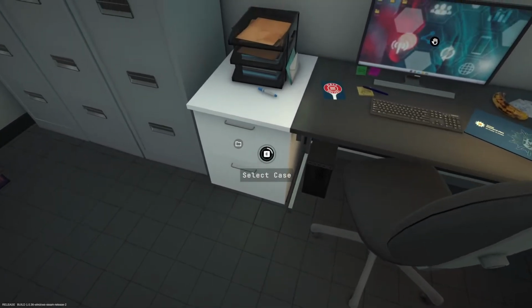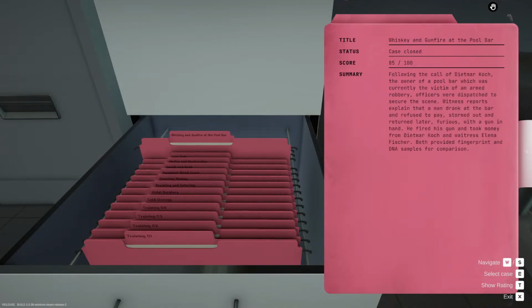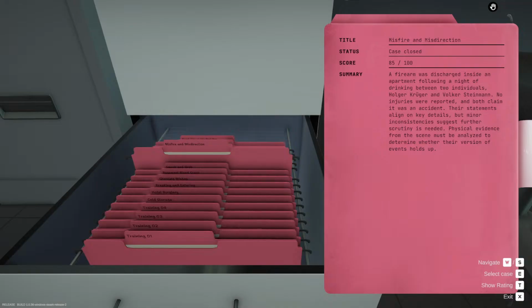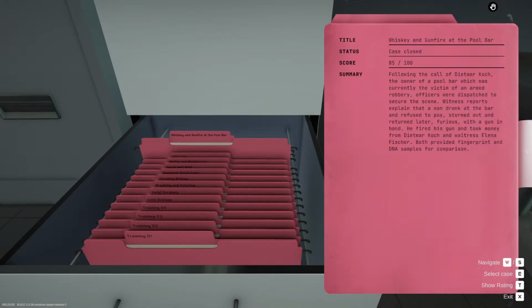Alright, that was good. So we did 3 cases today. Oh no, maybe more. We did Coin Trail, we got a 91 out of 100. We did Whiskey and the Gunfire at the pool bar, 85 out of 100. That was the first case we did with the same bar that we just did.